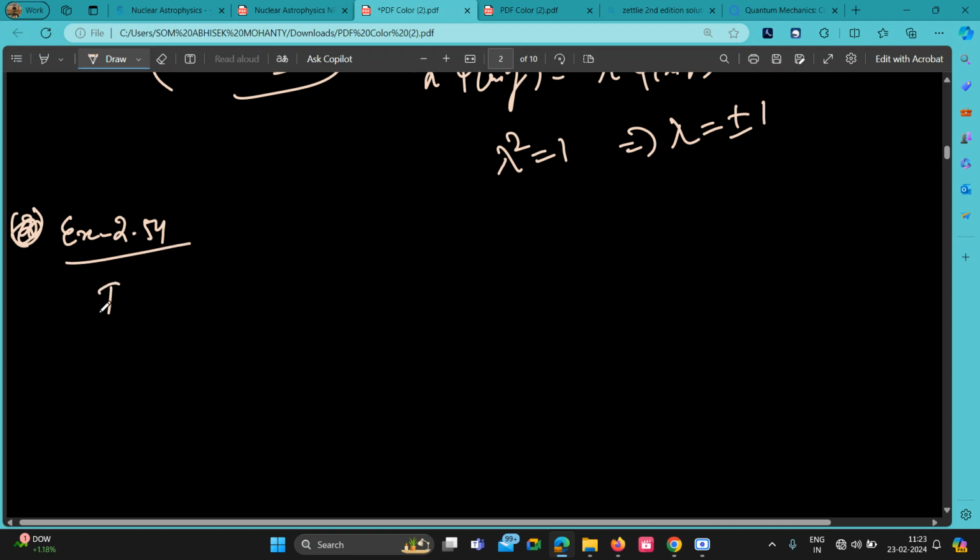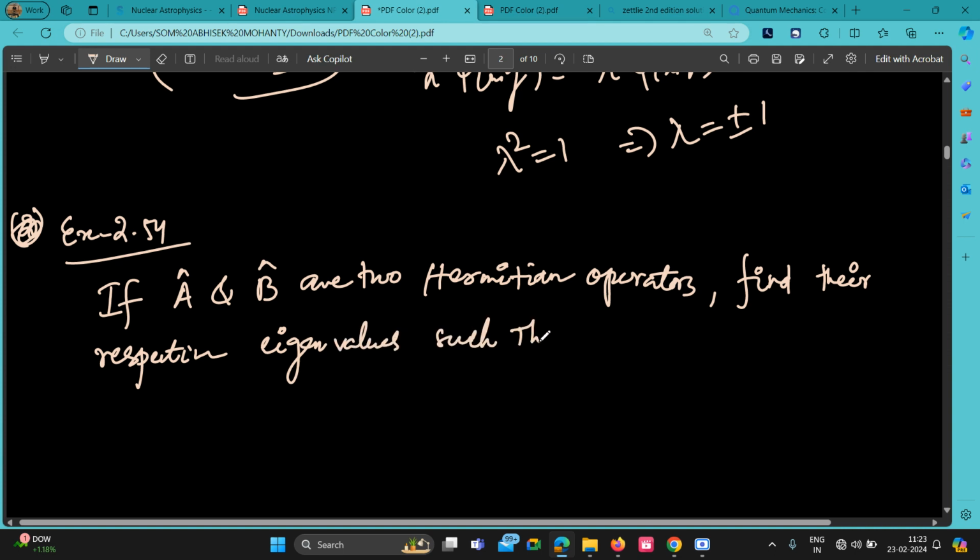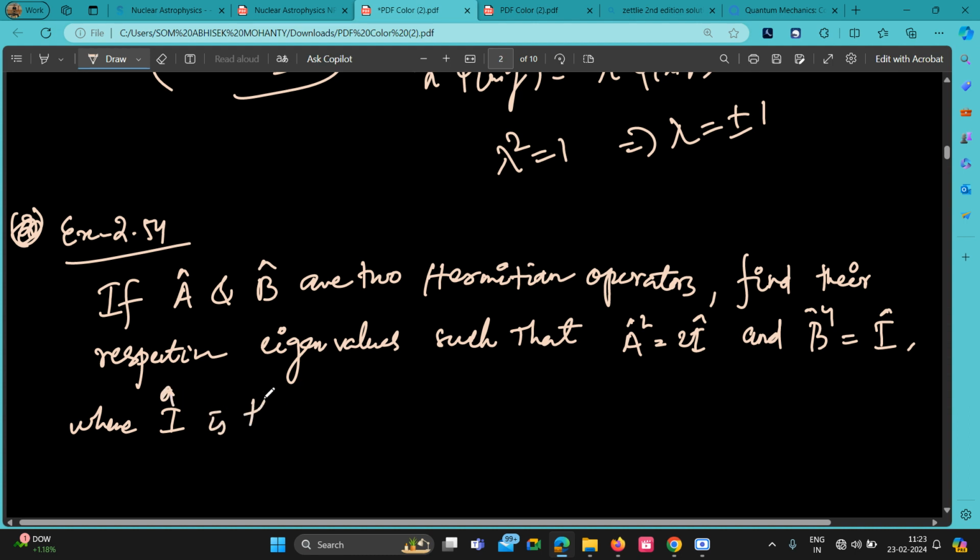If A and B are two Hermitian operators, find their respective eigenvalues such that A square is equal to 2I and B fourth is equal to I, where I is the unit operator.